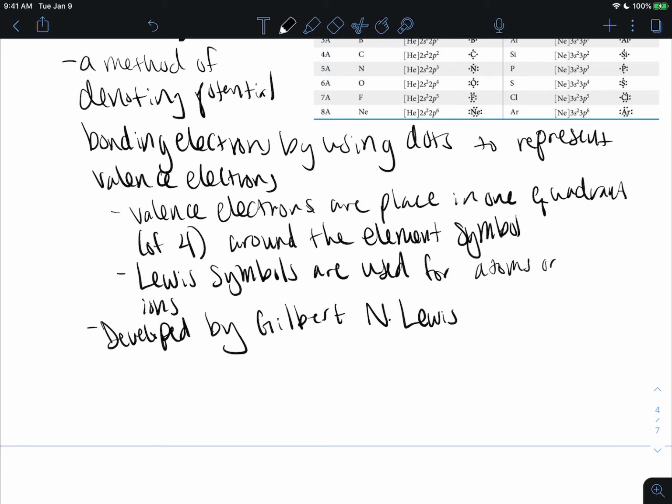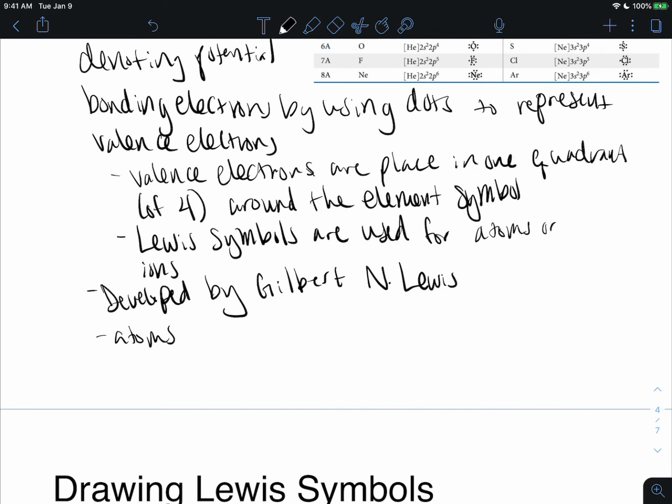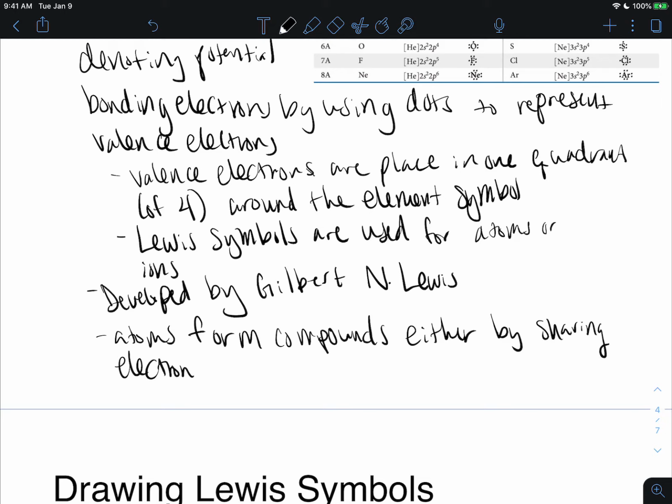And some things to kind of note: if we have atoms, they're going to form compounds one of two ways. So either by sharing electrons, so covalent, or by the give and take of electrons.